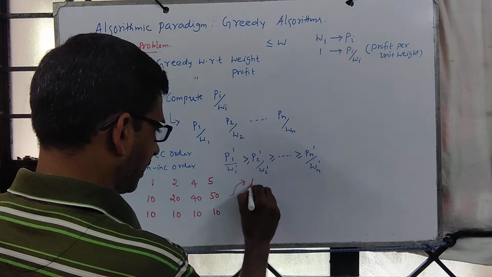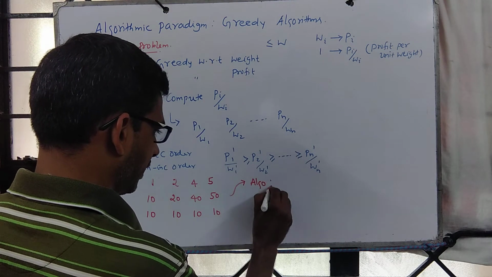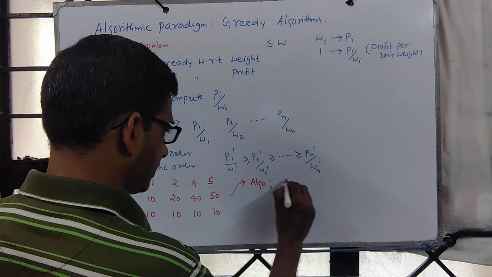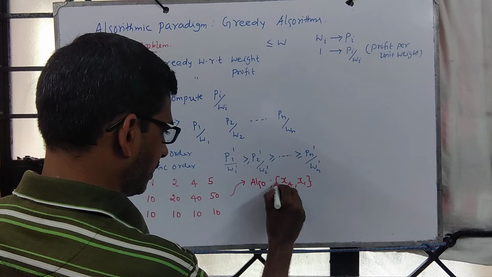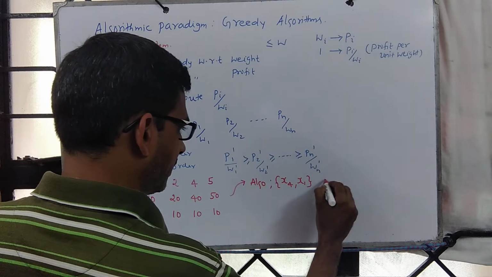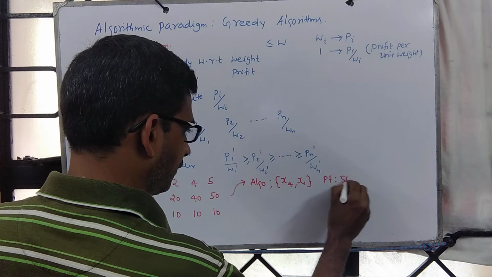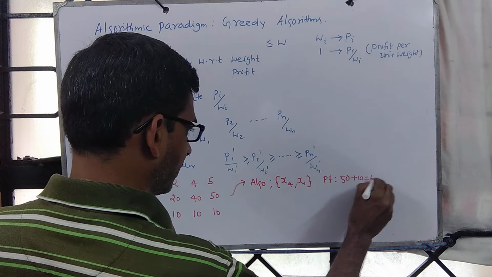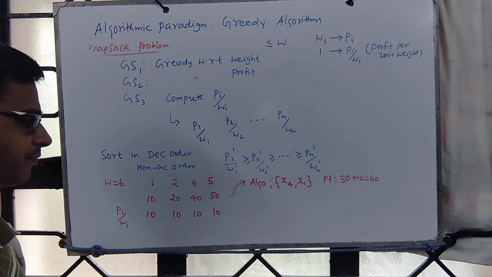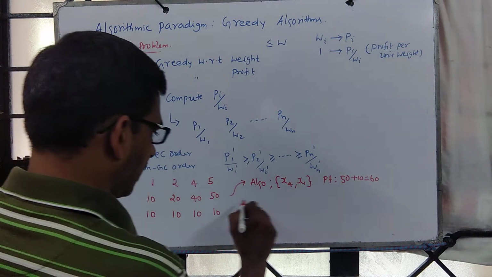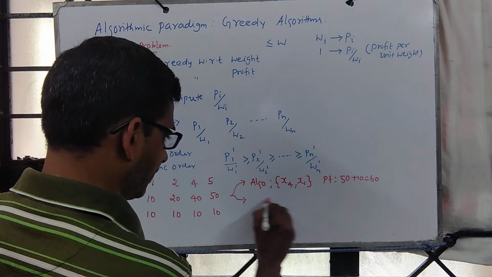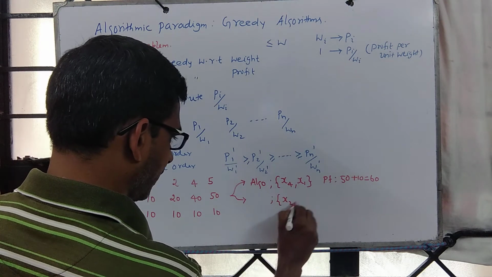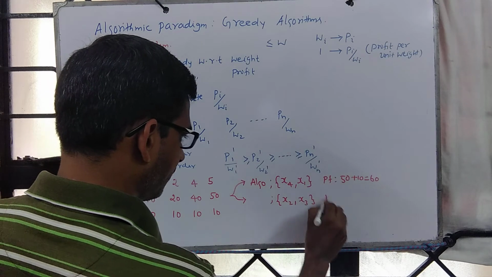Supposing greedy strategy outputs x4 and x1, then profit earned is 50 plus 10, 60. Correct? Or it may output x2 and x3.